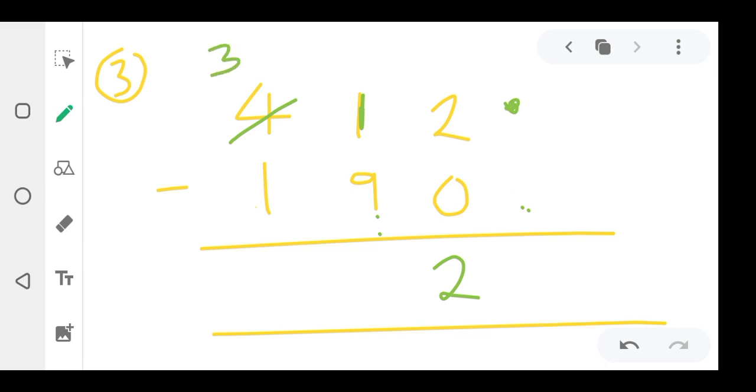Then that 1, you add it to this existing one, and it becomes 11. So what is 11 minus 9? 9, 10, 11. 11 minus 9 is 2. Then this 3 on top minus this one here will give me 2. That's how you solve such kind of questions.